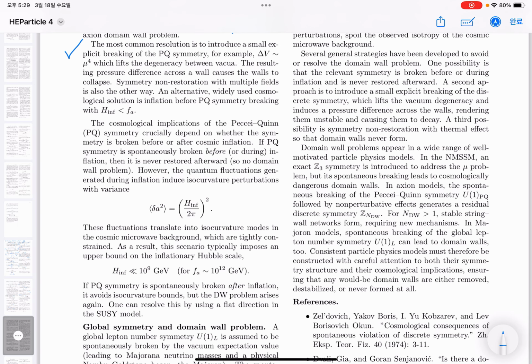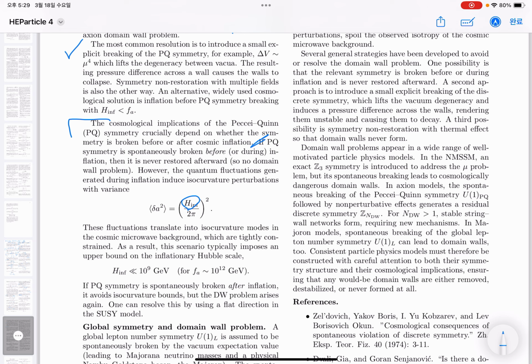Also, an important remark for the axion domain wall is whether the PQ symmetry is broken before or after inflation. If the PQ symmetry is spontaneously broken before or during inflation and never restored afterward, then the axion fluctuations generated during inflation give isocurvature perturbations proportional to the Hubble scale.